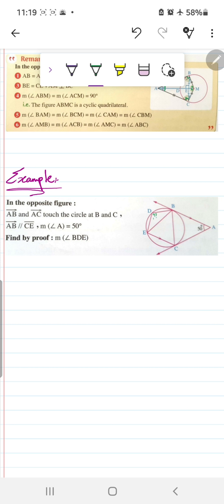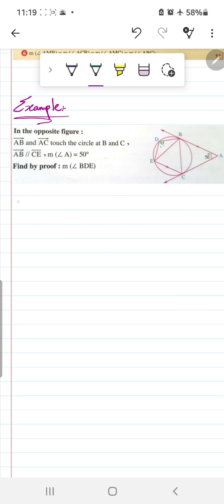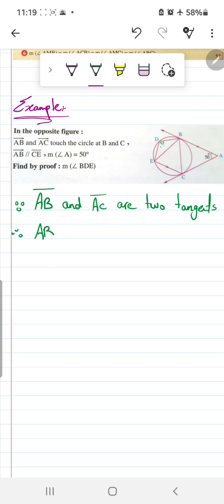First of all, we have two tangents intersecting outside the circle. So we have AB equals AC. So let's write first, since AB and AC are two tangents, therefore AB equals AC.